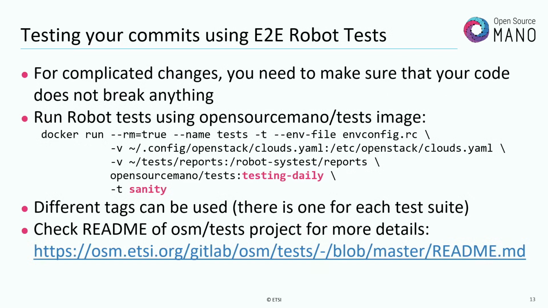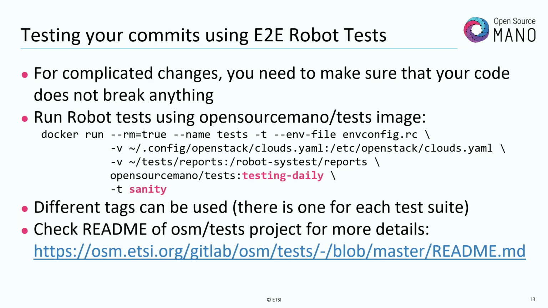We explained that we can run a script to test our change, but for some situations, running those scripts may not be enough. We may need to run some integration tests, end-to-end robot tests. We are calling them end-to-end robot tests. There is already a prepared image to run this robot test.